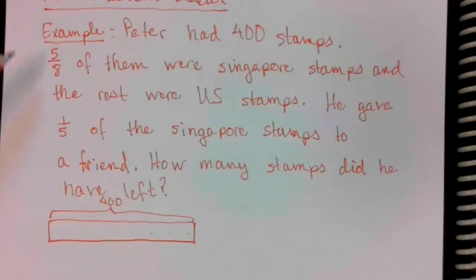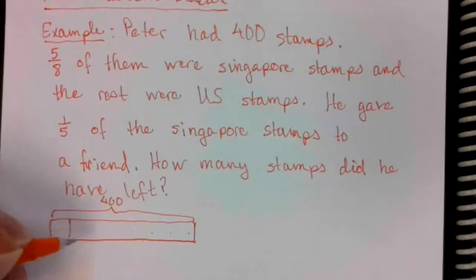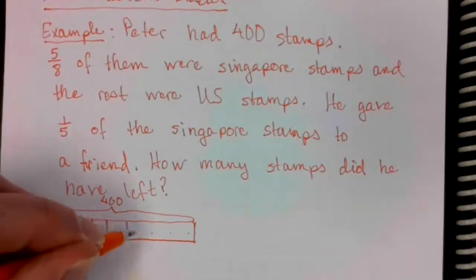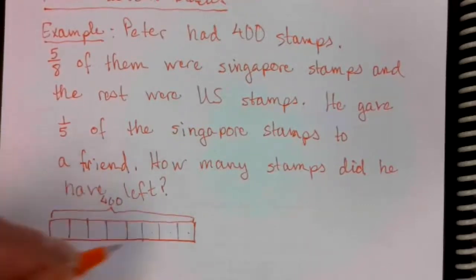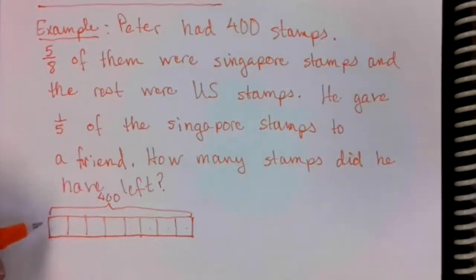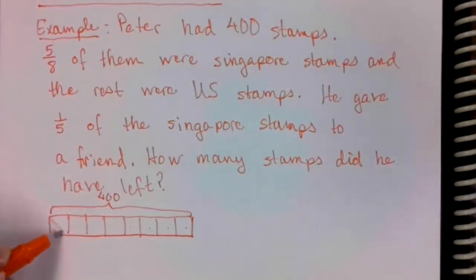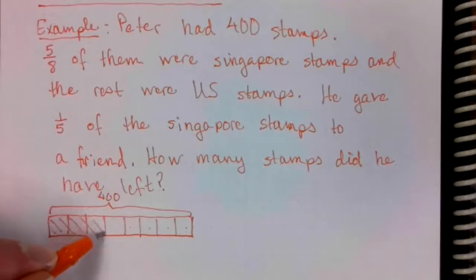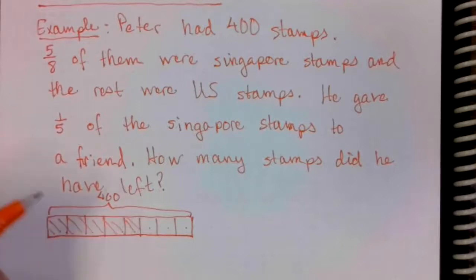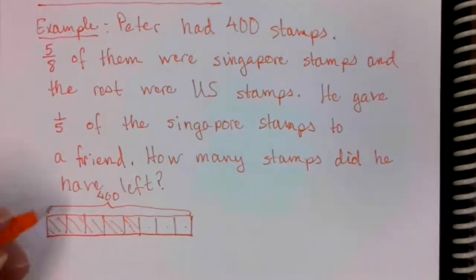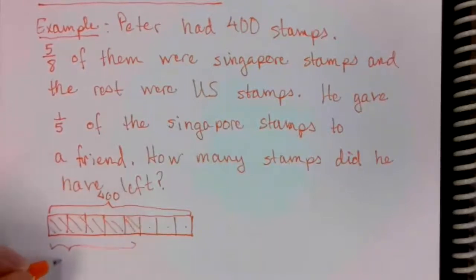Because it talks about 5/8. I'm looking at this fraction. I see 5/8 of the total stamps were Singapore stamps. So we should take that bar and break it up into 1, 2, 3, 4, 5, 6, 7, 8. So these are the Singapore stamps right here: 1, 2, 3, 4, 5. I shade 5 of my boxes. Those are the Singapore stamps.